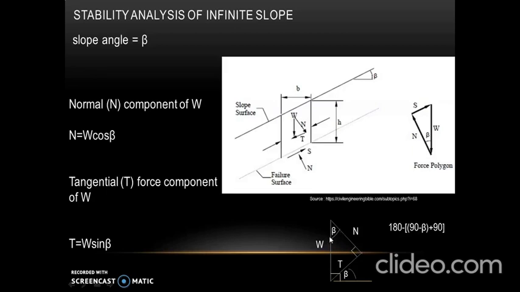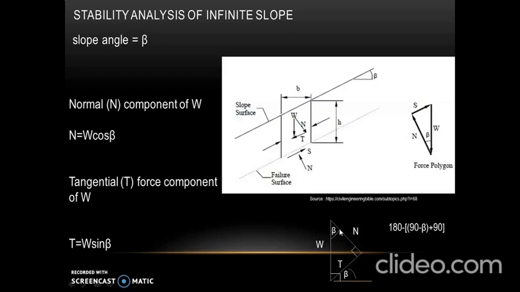So if this angle is beta, we can write cos beta as N divided by W, that is adjacent side divided by hypotenuse. So we can write N equal to W cos beta. Similarly, for the same triangle, sin beta will be opposite side divided by hypotenuse.